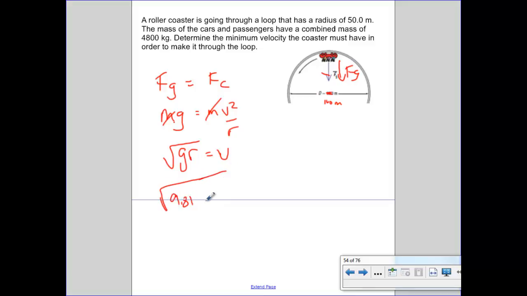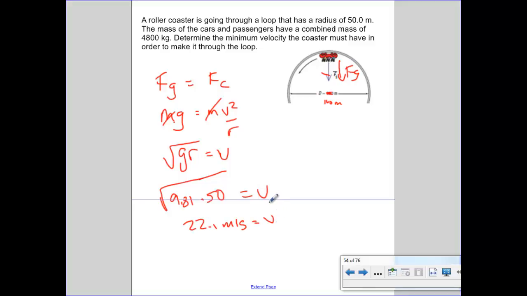So 9.81 times 50 for our radius, square rooted. 22.1. In terms of sig digs, it looks like we're going to get 3.